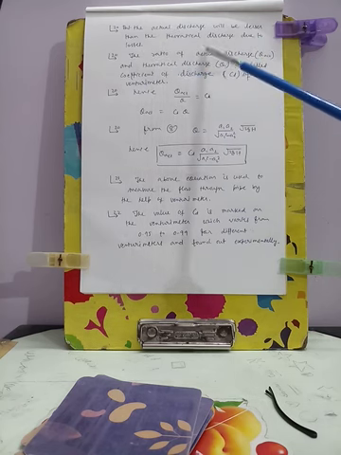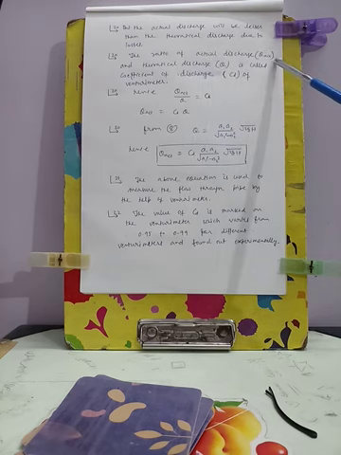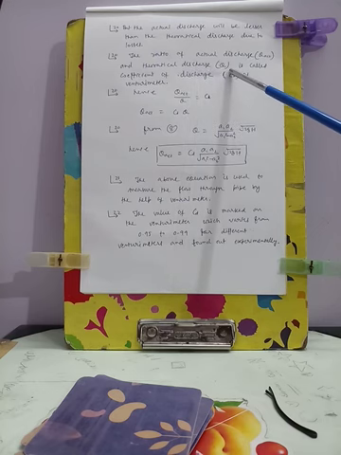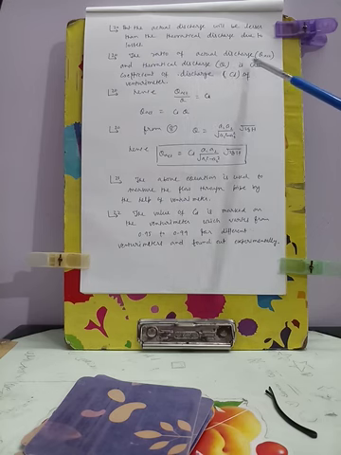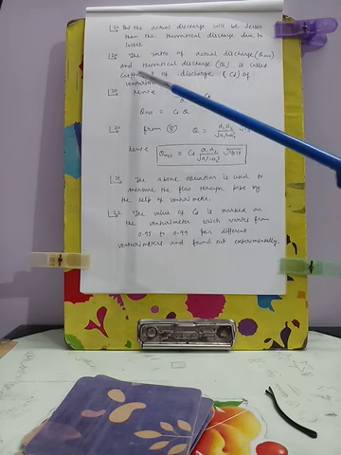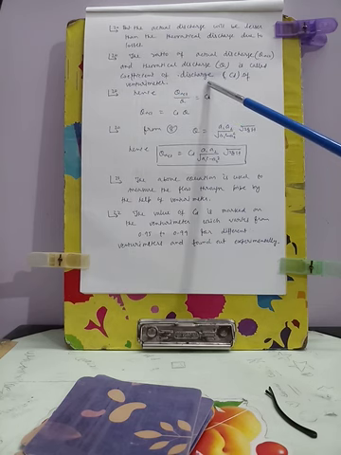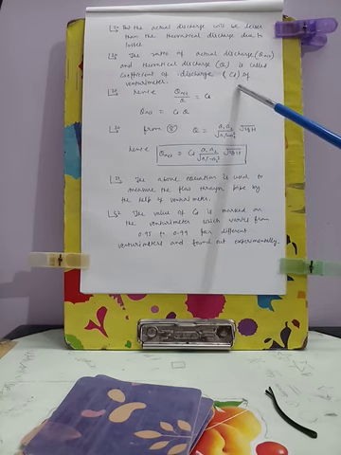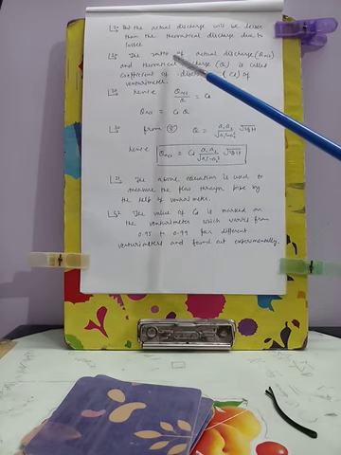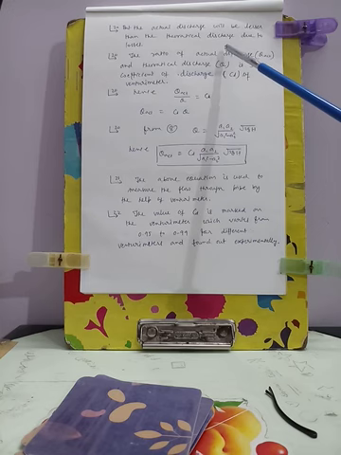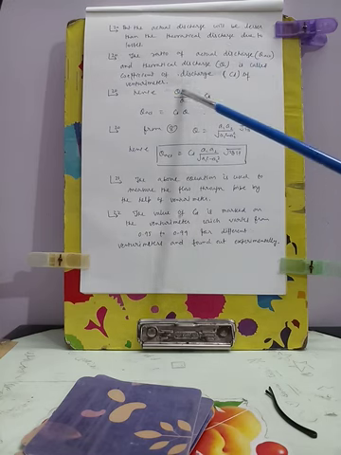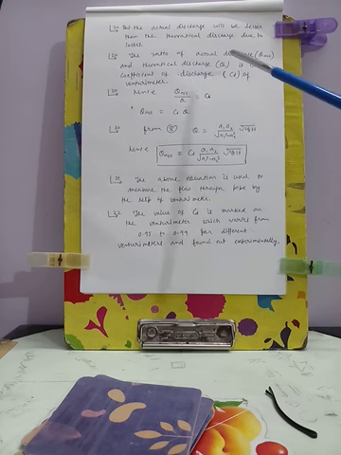The ratio of actual discharge Q actual and theoretical discharge Q is a very popular term that is called the coefficient of discharge, indicated by CD. This ratio of actual discharge and theoretical discharge is called the coefficient of discharge of the venturimeter and represented by CD.